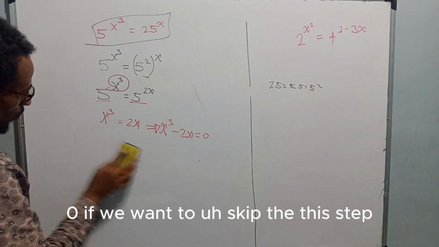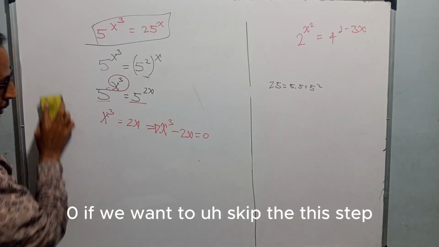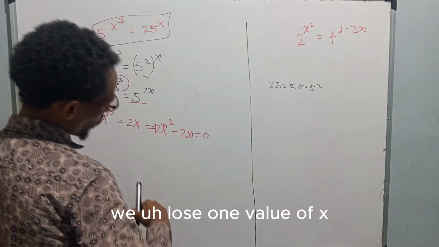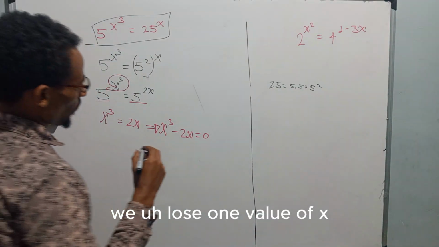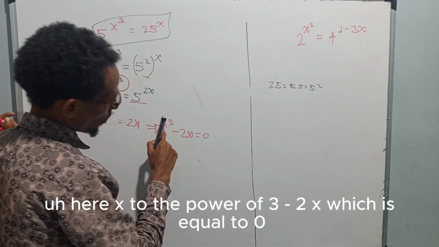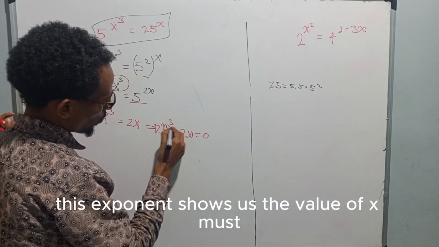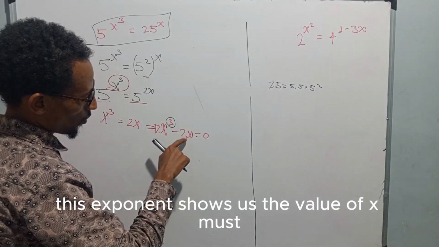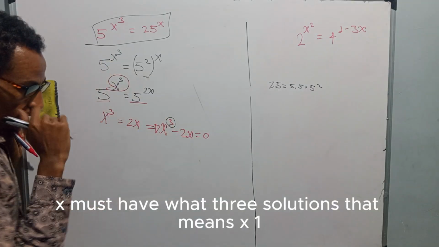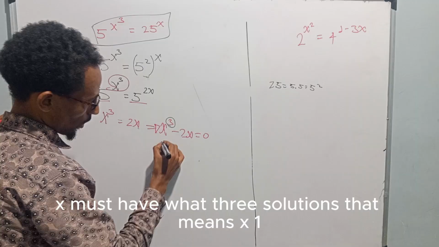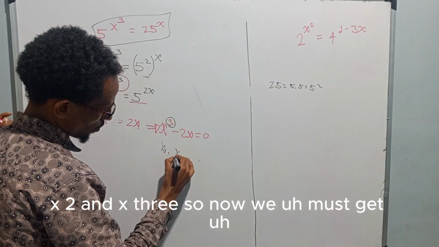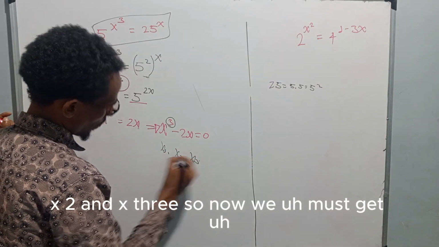If we skip this step, we lose one value of x. That means here x cubed minus 2x equals 0. This exponent shows us the value of x must have 3 solutions: x1, x2, and x3.